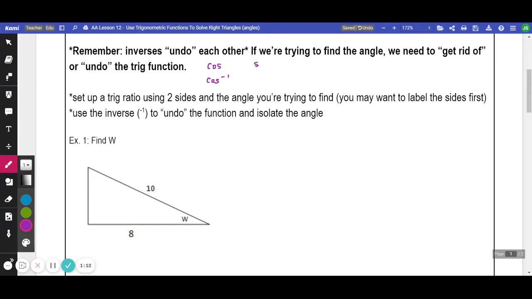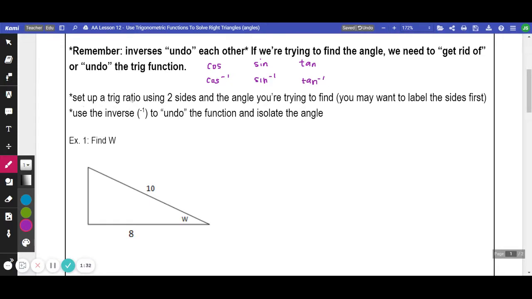And then the inverse of sine would be sine with the little -1. And same thing for tangent, the inverse tangent. So they undo that function.